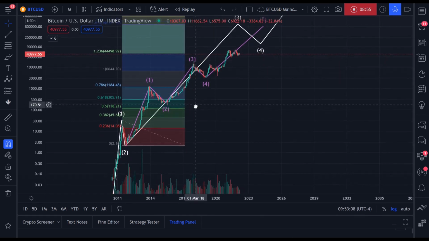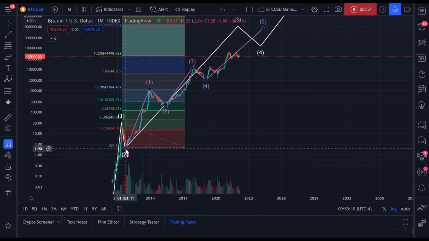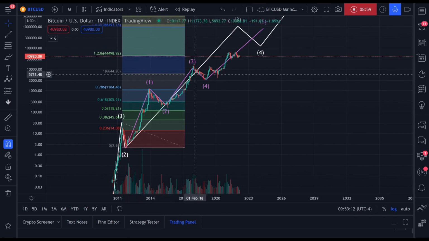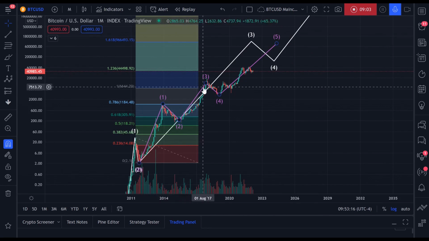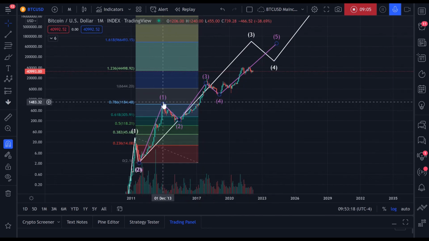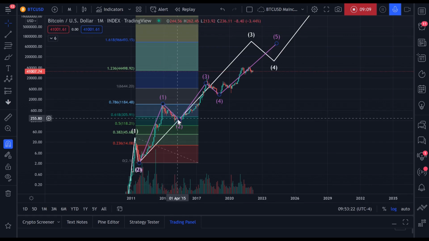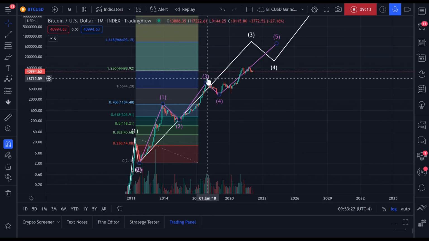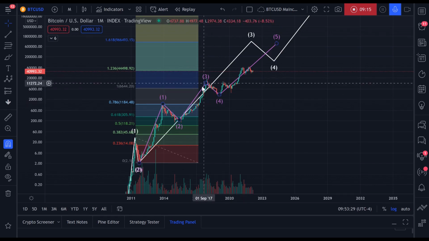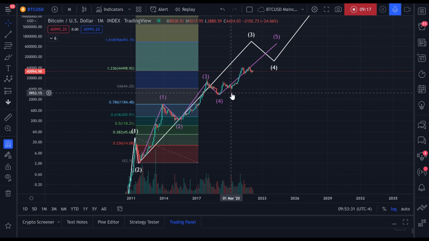So what we do is we count this as the beginning of wave 3, and then we start counting. This purple count is basically me starting counting wave 3. So that's wave 1 of 3. You see 5 waves here, right? This is wave 2 of 3. This is wave 3 of 3. 1, 2, 3, 4, 5. You see 5 waves clearly. This right here is wave 4 of 3.